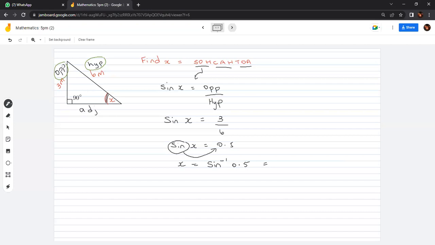All right, and we're supposed to get 30 degrees. So we got that x is equal to 30 degrees.